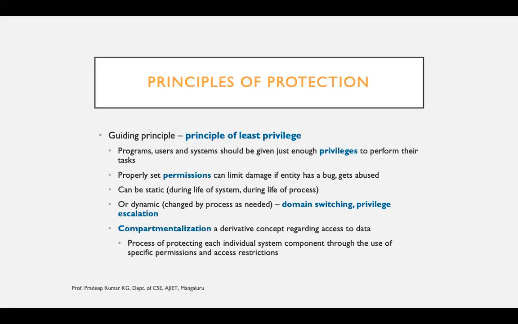Then we have the principles of protection. The major thing here is that the principle should guide everyone, saying that we are supposed to set levels of privileges. We'll use the term principle of least privilege. With respect to privileges, programs, users, and systems will have their own privilege levels. In a Unix system environment, for example, we have the RWX setup: read, write, and execute.